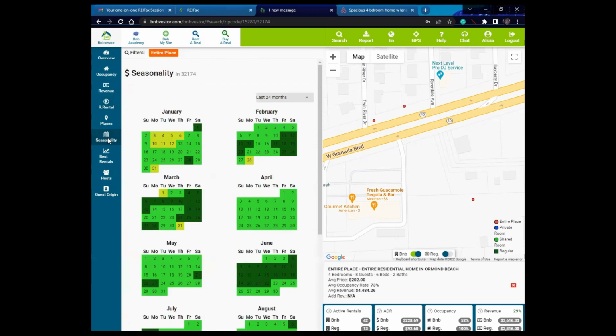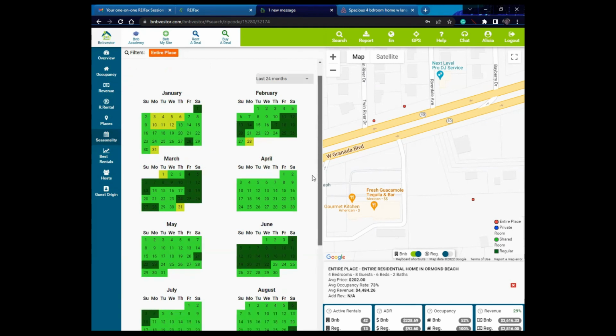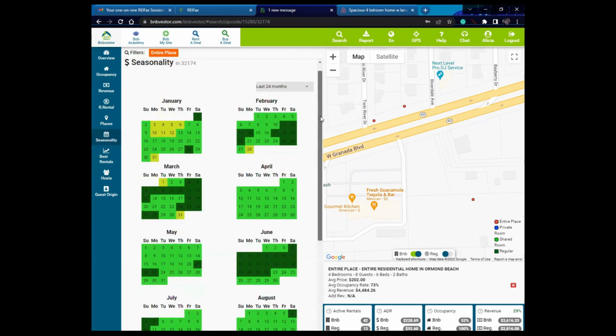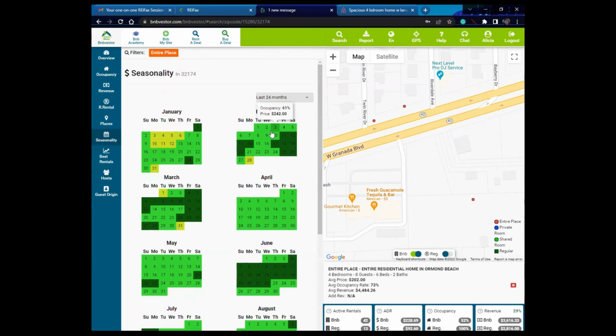Here with seasonality, we can actually see on the calendar, again, the colors still remain the same. The dark green are the most occupied months. That is, the properties that are being listed for Airbnb are most commonly booked, most effectively booked, sorry.